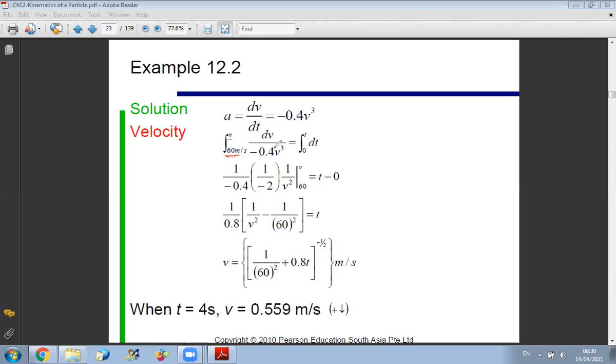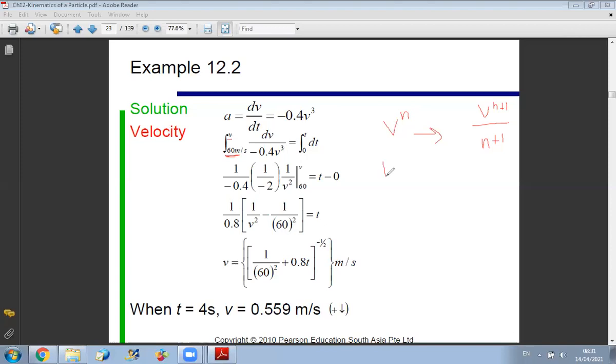Now, how to perform the integration here? Just a general rule: if you have v to the power n, then the integration is v to the power n plus 1 over n plus 1, okay? So here, what is the value of n? If I tell you 1 over v cubed, what is n? Minus 3.